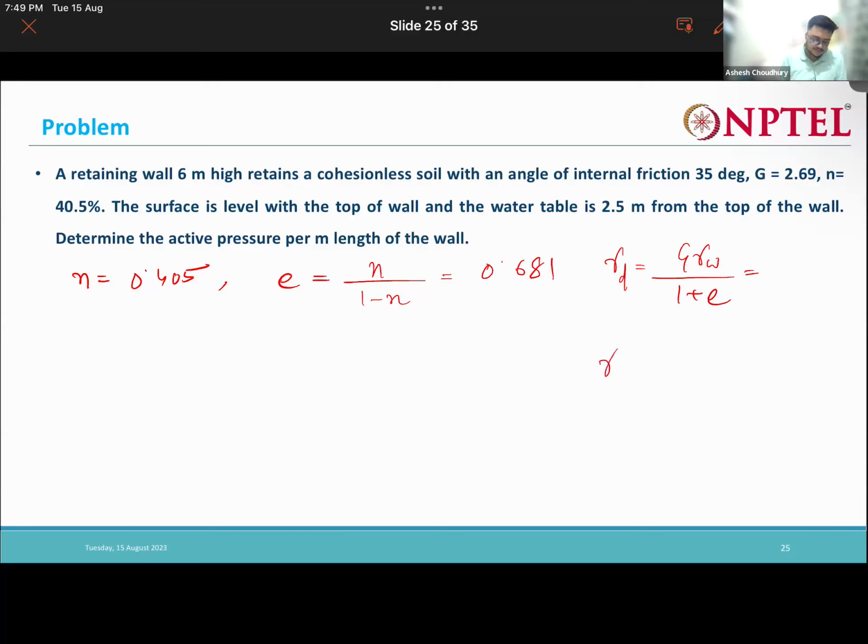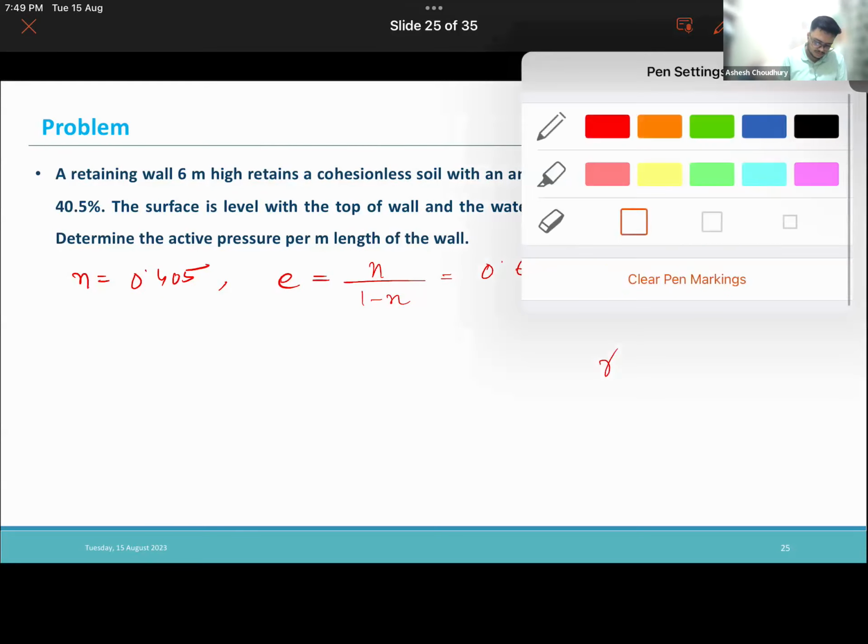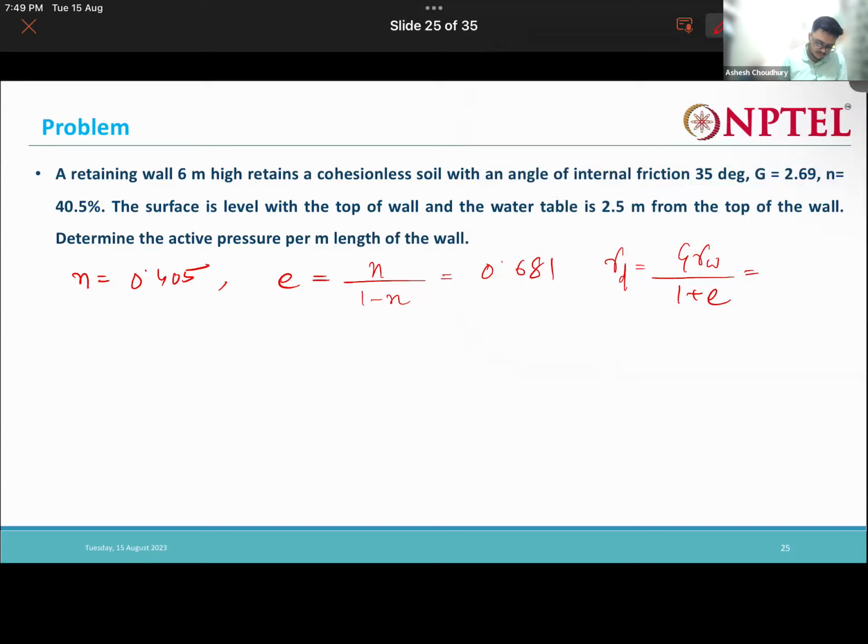After you find out the dry unit weight, find out the submerged unit weight. Then after you find the submerged unit weight, find out K. Please keep your calculators with you.